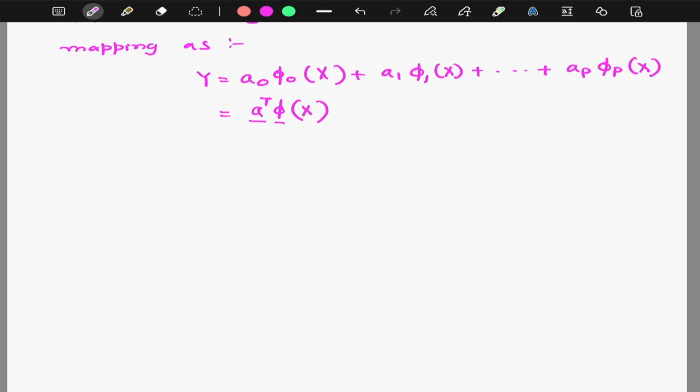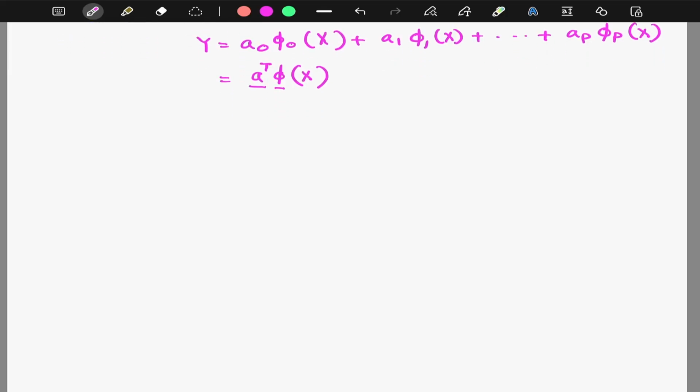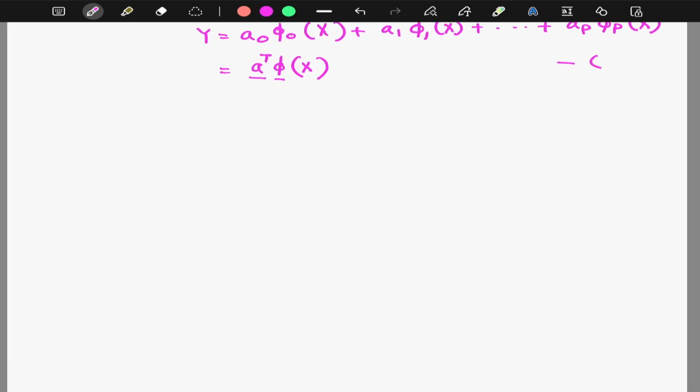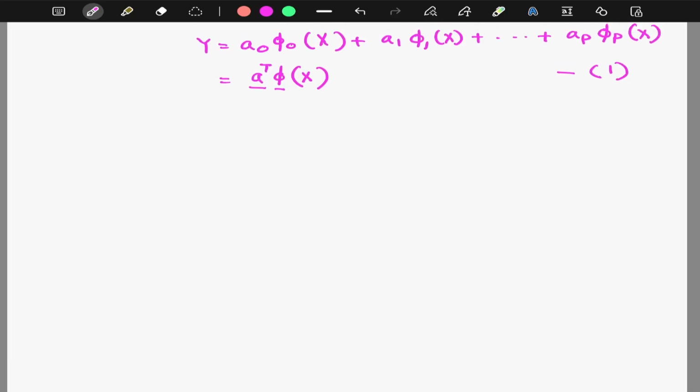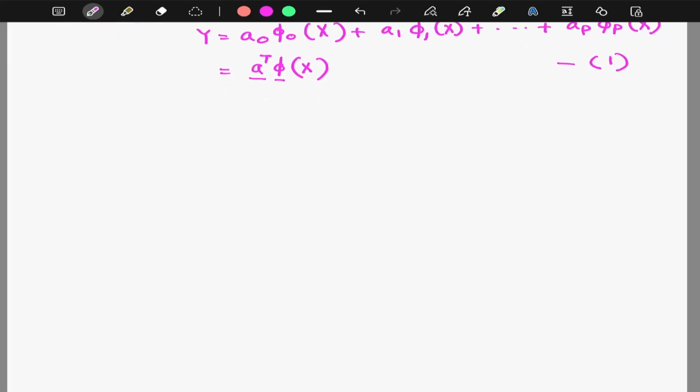Phi is my basis function vector, which also goes from 0 to p, so p plus 1, and we do an inner product to get my y. So this is the modeling assumption in linear regression, and I will be using it later, so let me write it as equation 1.